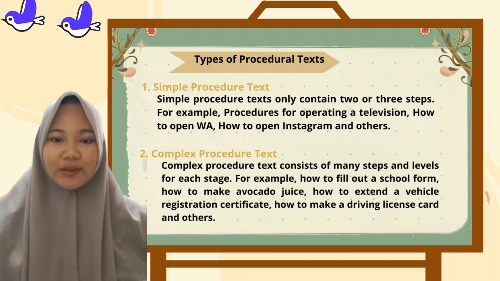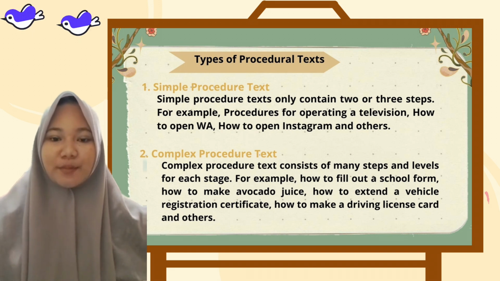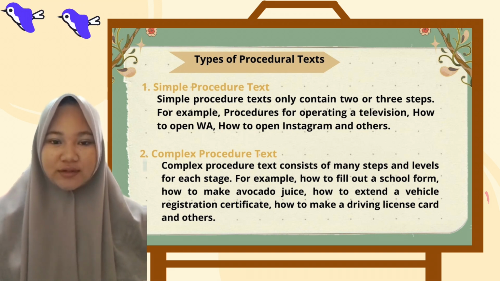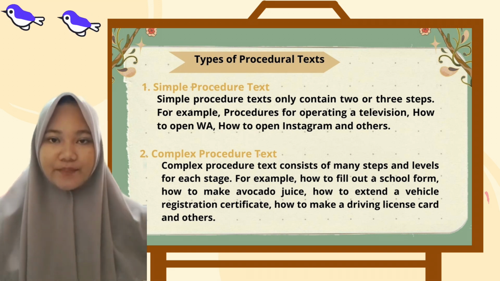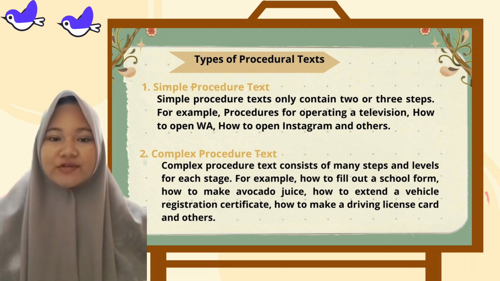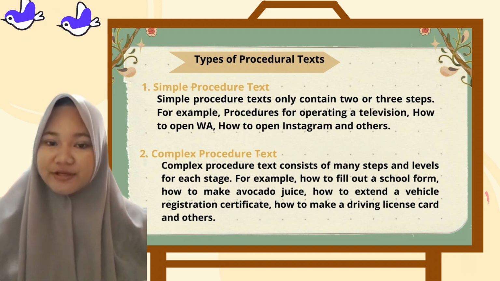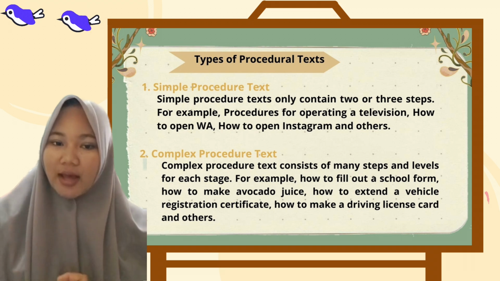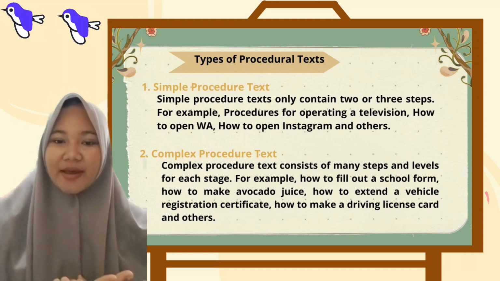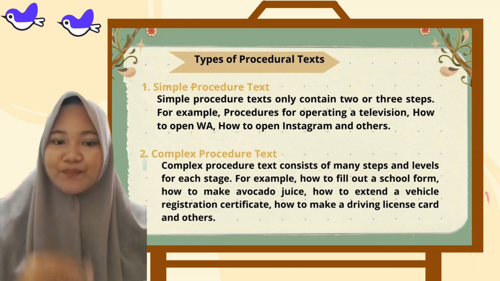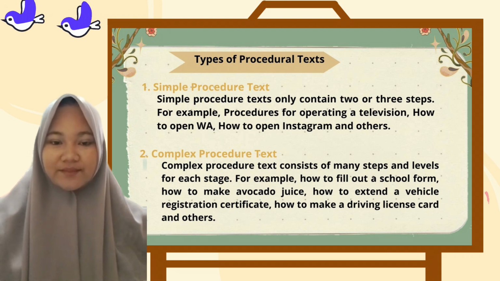Okay, next, types of procedural text. Number 1, simple procedural text. Simple procedural text only contains 2 or 3 steps. For example, the procedure of operating a television, how to open WA, how to open Instagram, and others. Number 2, complex procedural text.